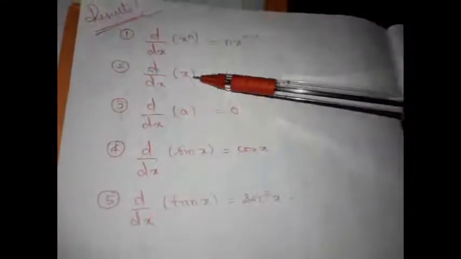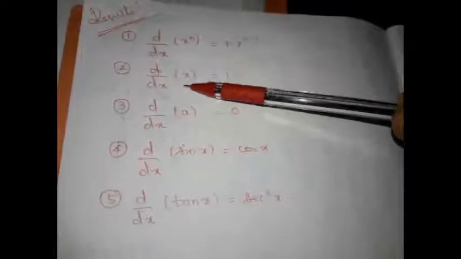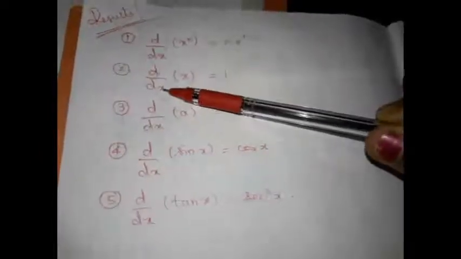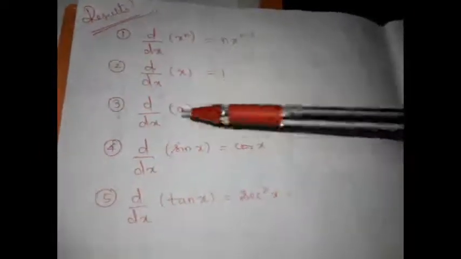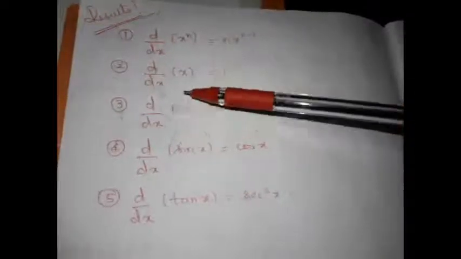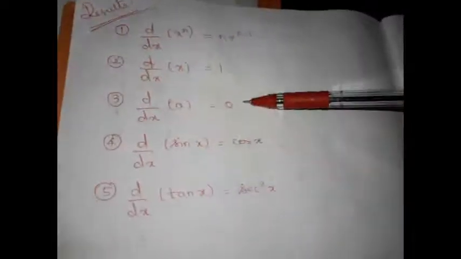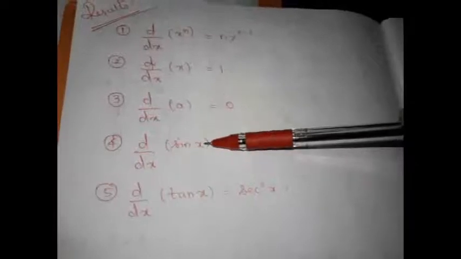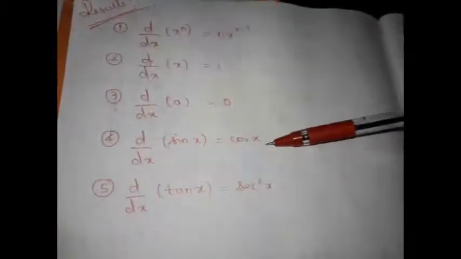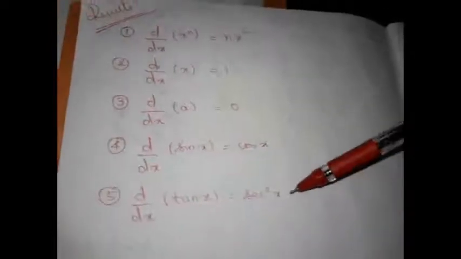D by dx of x, which means if we differentiate a variable with respect to the same variable, it is going to be 1. If you differentiate any constant with respect to some variable, it is going to be 0. If we differentiate sin x with respect to x, it is going to be cos x. If you differentiate tan x with respect to x, it is going to be secant square x. You have to learn all these results by heart, right?